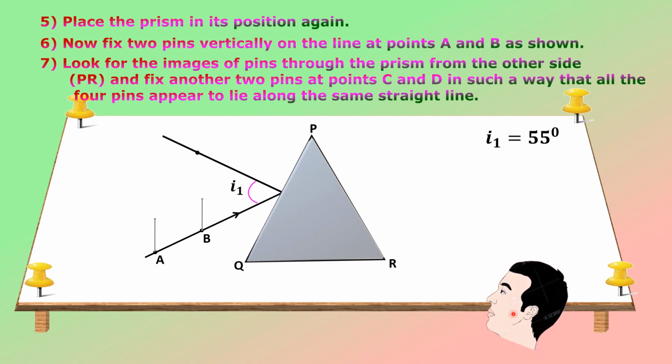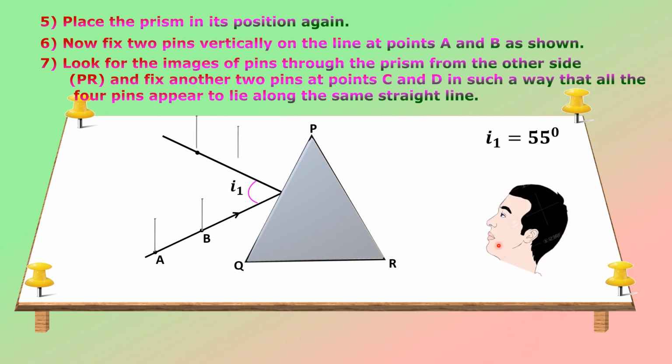And here is an observer. He looks for images of these two pins, and for him the images are appearing here, and he will fix two more pins this side in such a way that all the four pins, these two images and the two pins that we are going to fix, should appear to lie along the same straight line, like this.